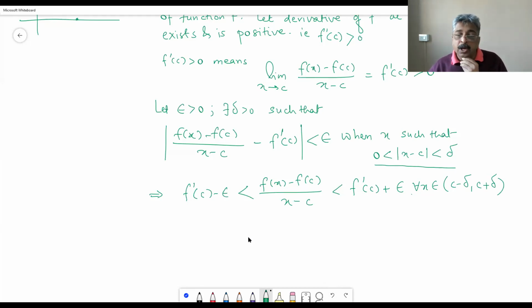Therefore, what do we do now? There exists epsilon, I mean, we can put a condition on epsilon such that it is less than f dash of c. So this is positive, this is also positive, therefore this quantity is also positive.